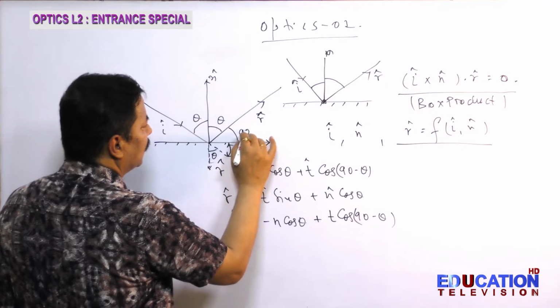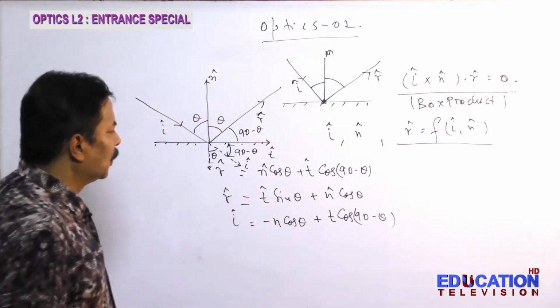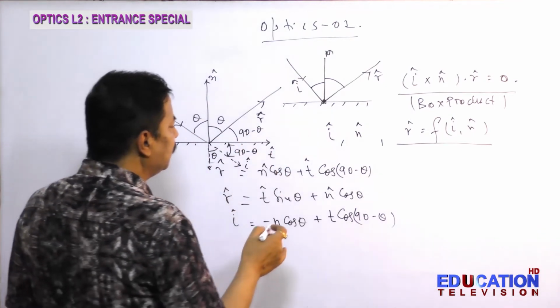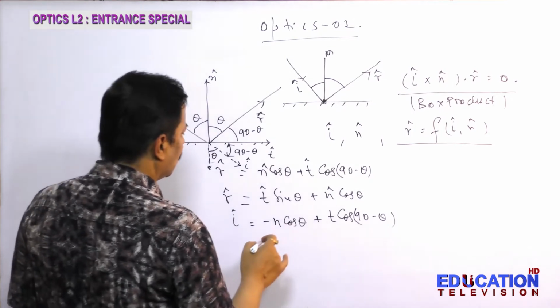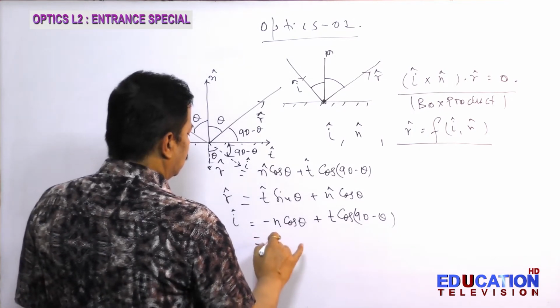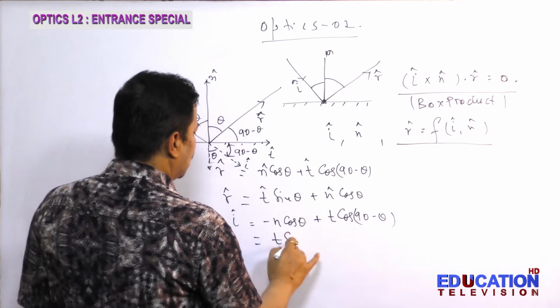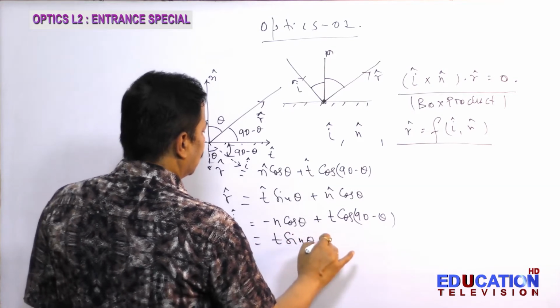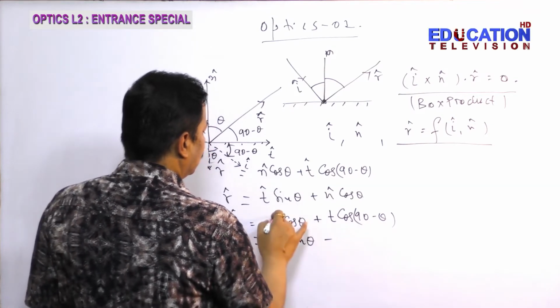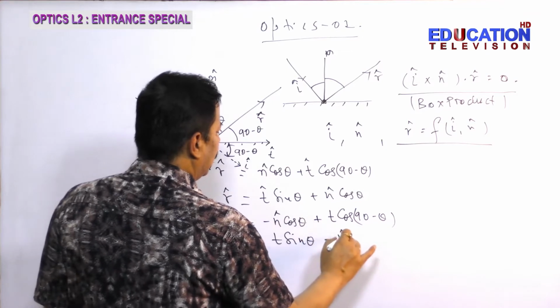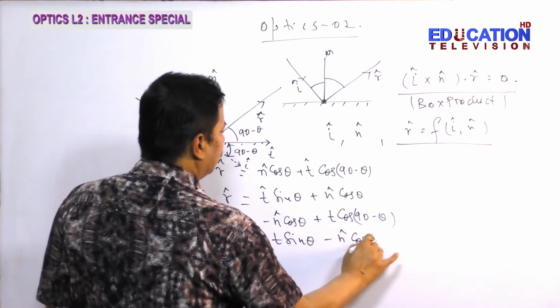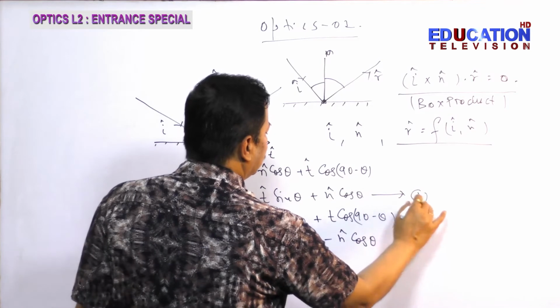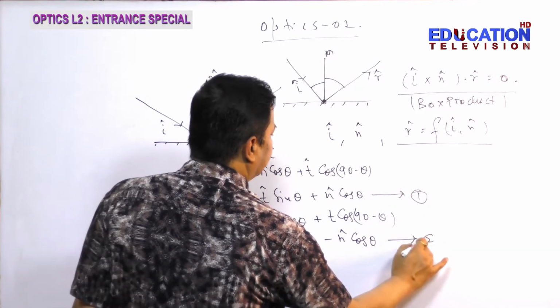This is also 90 minus theta. So what we are getting? We are getting t sin theta minus n cos theta. This is equation number 1. This is equation number 2.